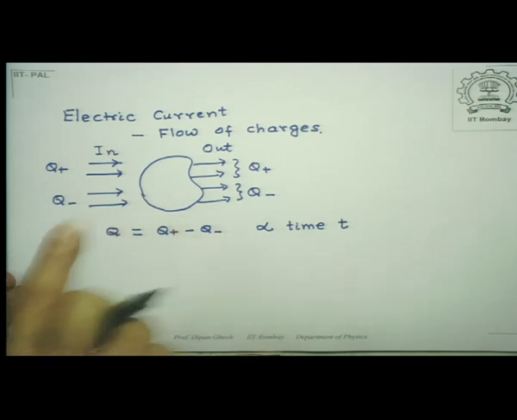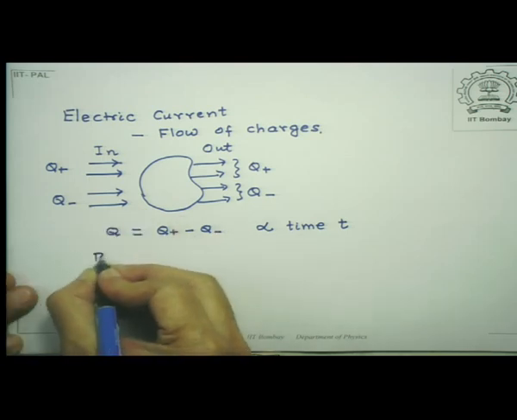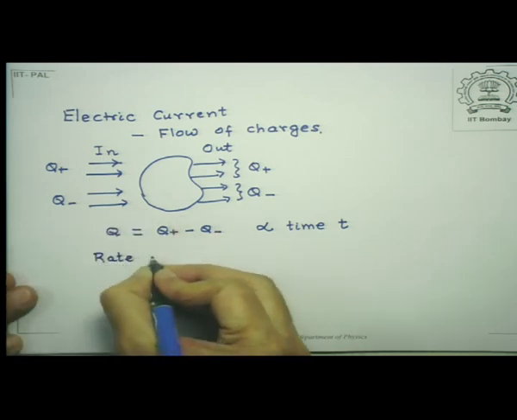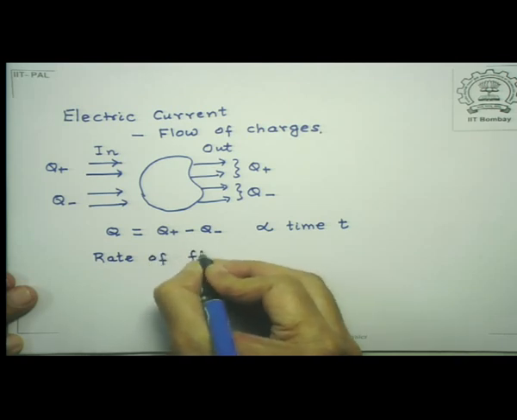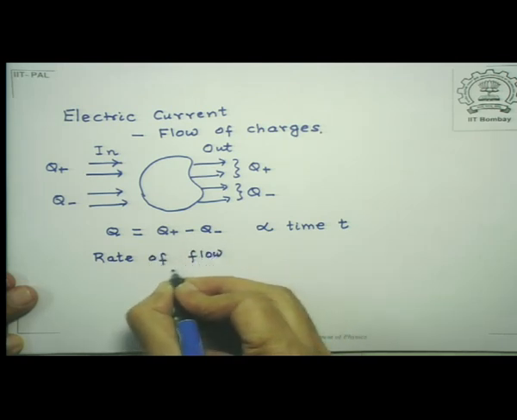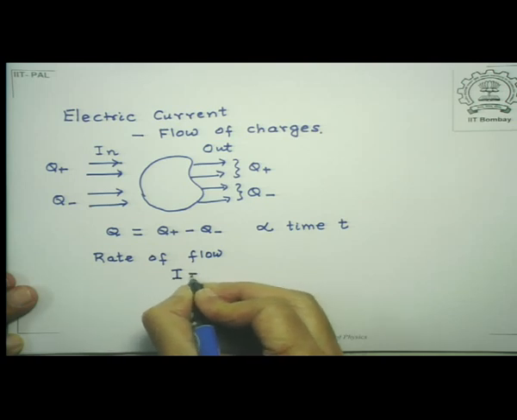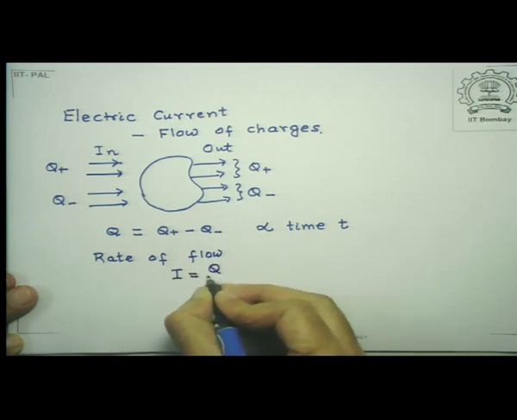the rate at which the charge flows, that I will call, or define formally, as my current, is equal to Q divided by t.